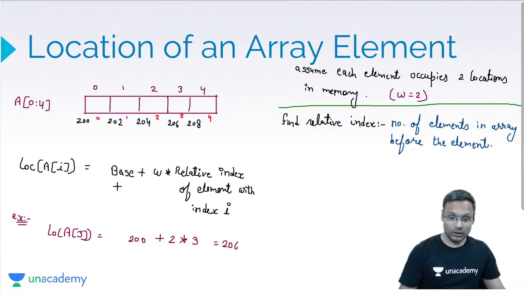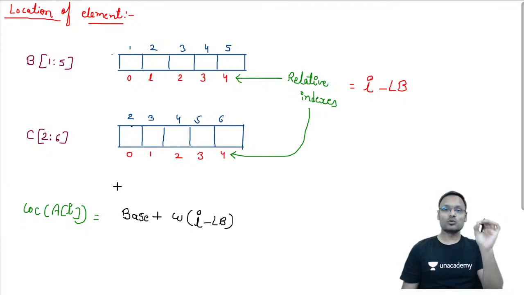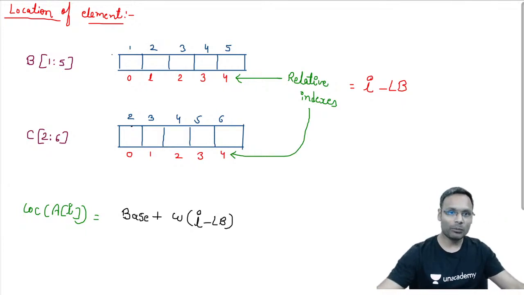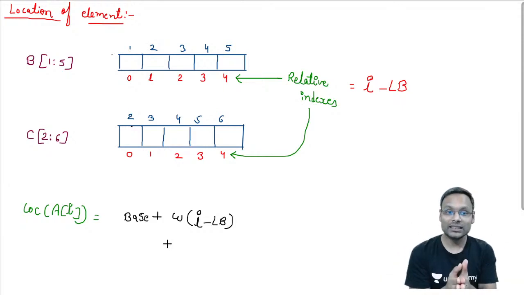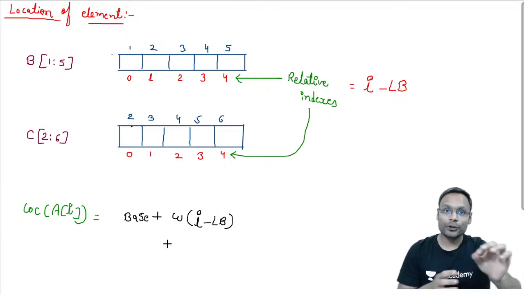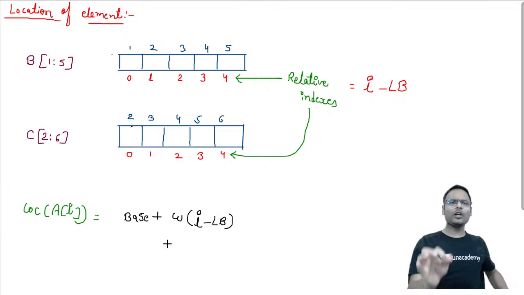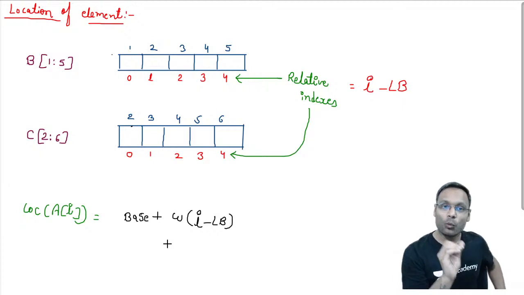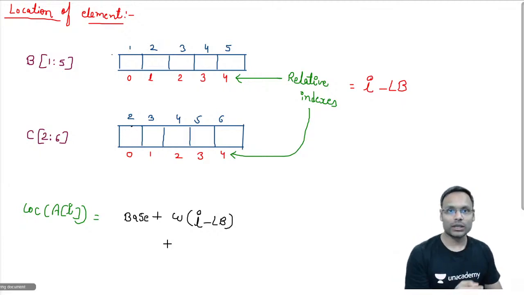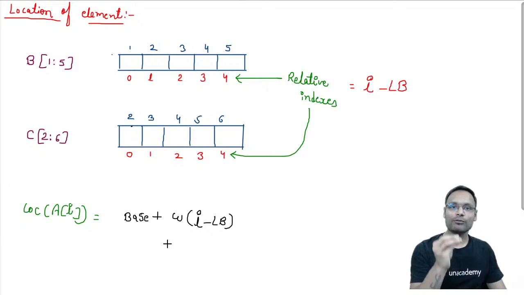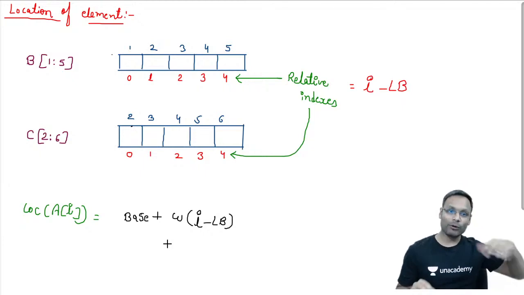Fine, understood. Now we are going to have so many things. It isn't finished yet, writing this formula was not everything. As I always tell you, if you prepare data structures, you need to prepare in such a way that you can get the result for your placements also. There is a very common question in placements: why did scientists choose the array index starting from 0 in C language instead of 1 or some other value?